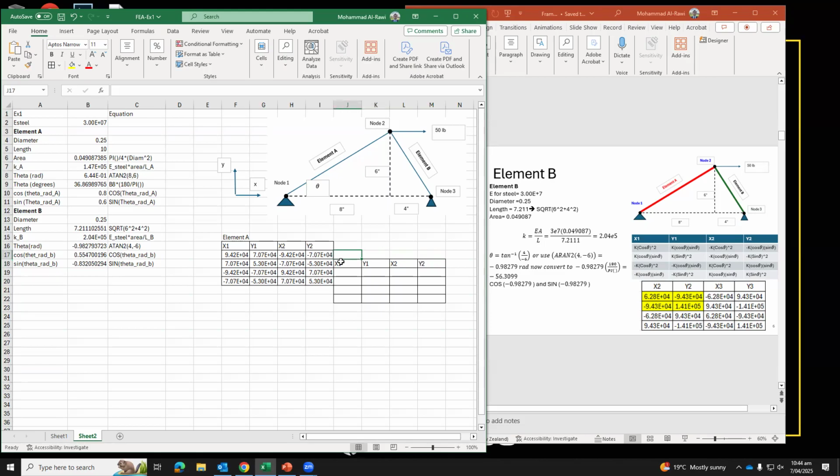We're doing it for element B. The first one we did was for that element between node 1 and node 2. Now we're moving between node 2 and node 3 for element B. So we're going through that line. And I'll tell you why I did them that way, because I will use some of the values in the middle between them. I know how I deal with them.